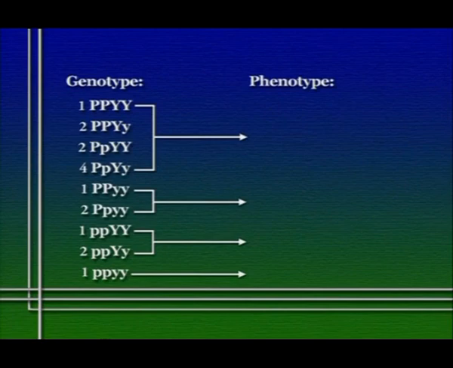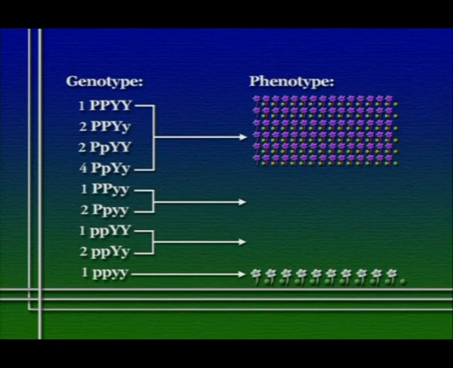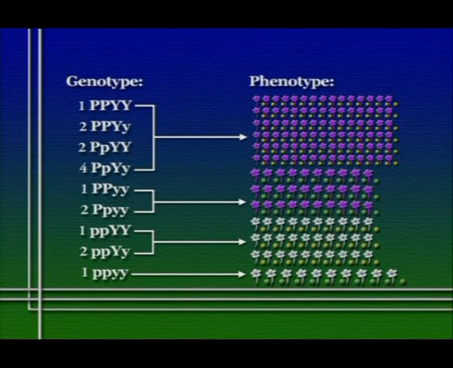So about 90 individuals would have the dominant trait for both of those characters, about 10 individuals would have the recessive trait for both, and about 30 individuals each would have the two different recombinant phenotypes.